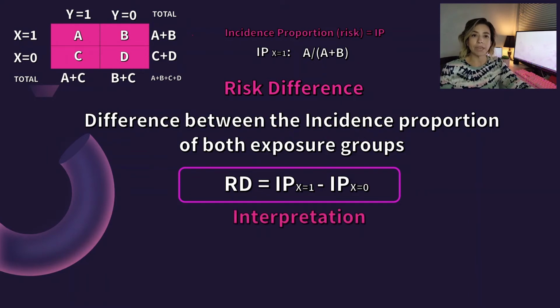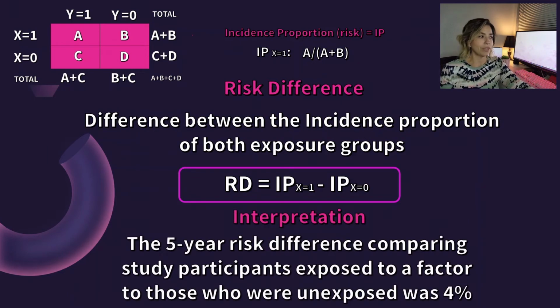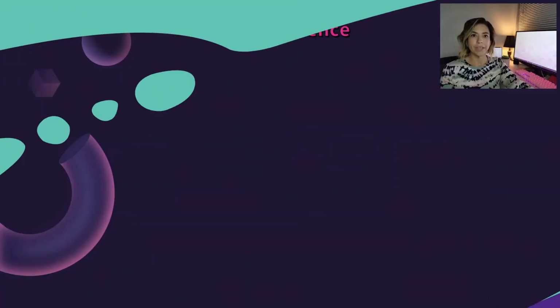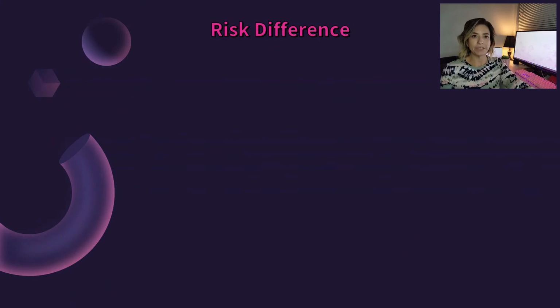That leaves us with the interpretation as follows. The 5-year risk difference comparing study participants exposed to a factor to those who are unexposed was 4%. So our risk difference, we're going to interpret a little bit differently than the incidence proportion.